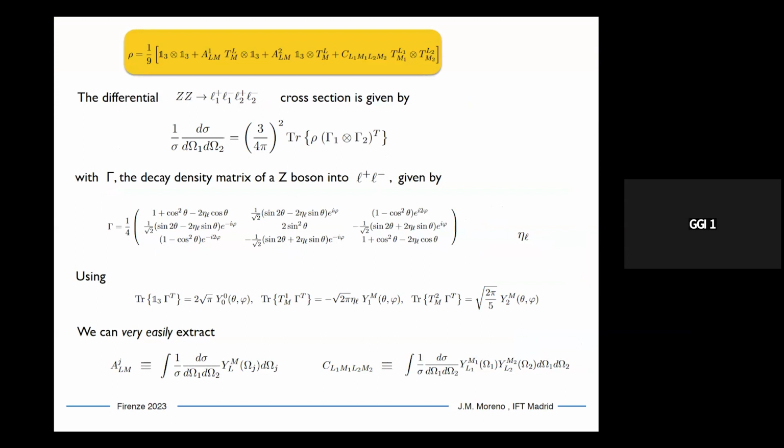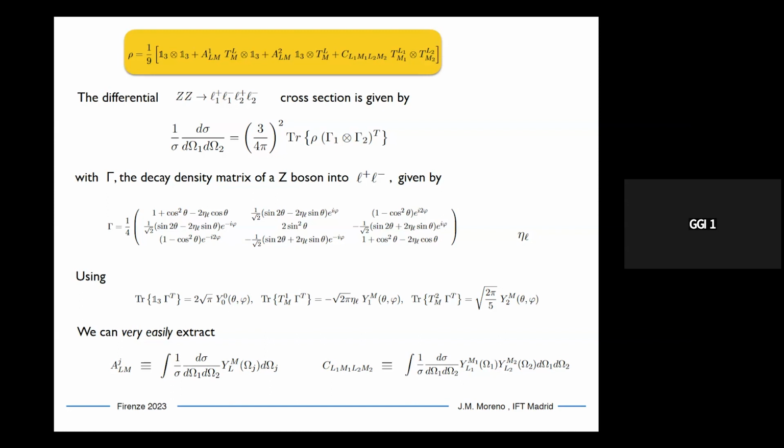At the end, we are considering two different channels, muons and electrons, so different leptons. And this is the differential cross-section, which is nothing but an observable. So we should be able to express this observable as the trace of rho times some operator.